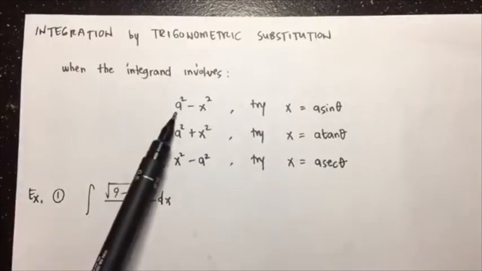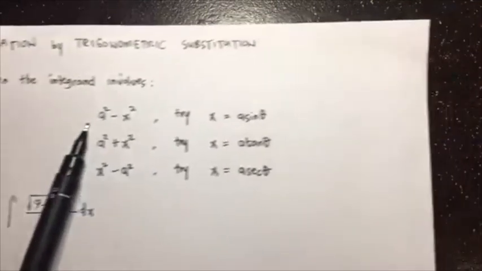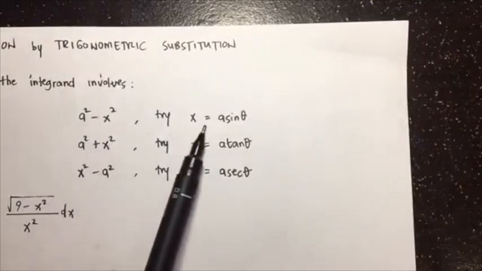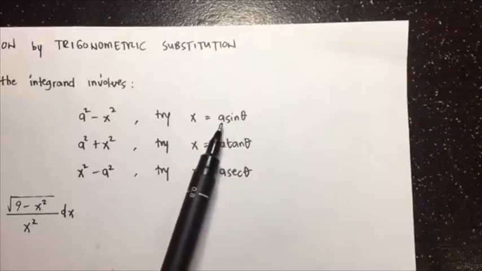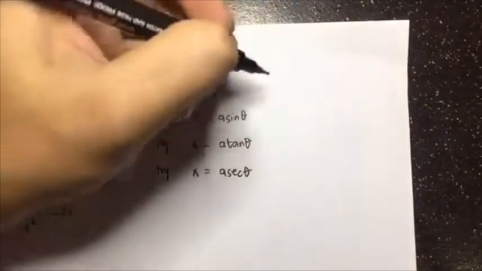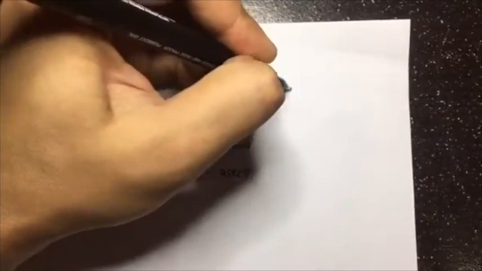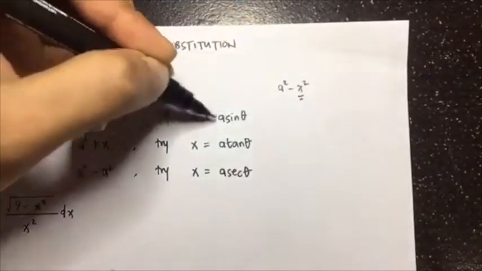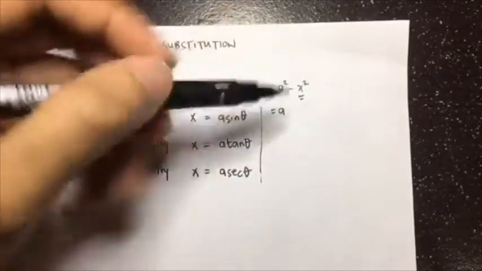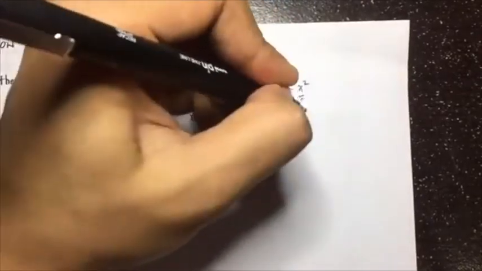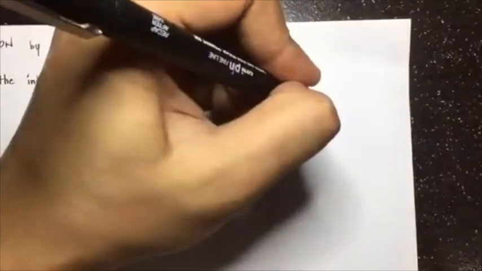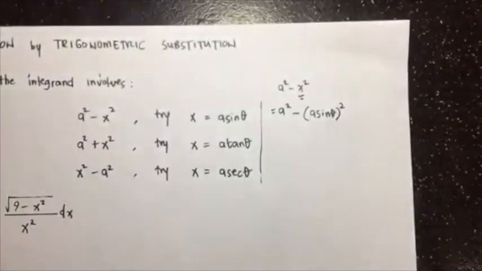Let's take a look at this first suggestion, for example. If we have a squared minus x squared, try x is equal to a sine theta. So we will substitute x with a sine theta, and this will become a squared minus (a sine theta) squared.